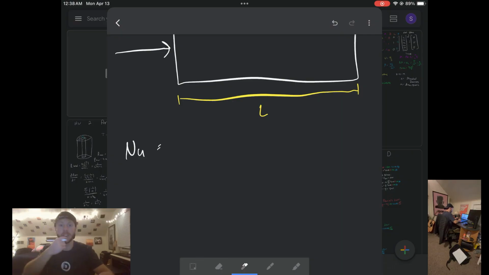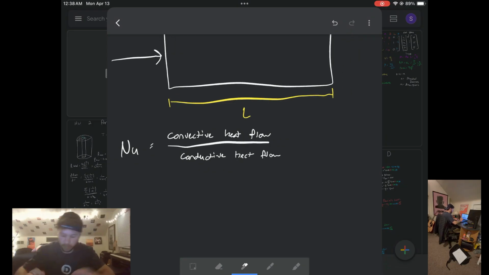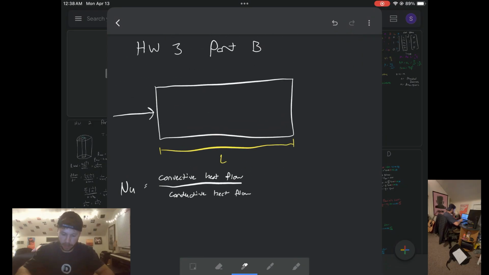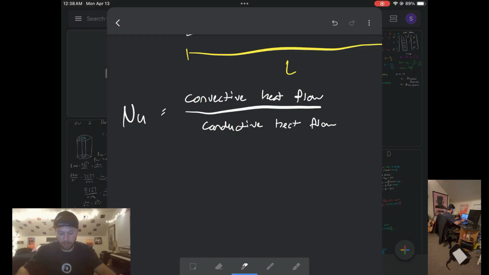The Nusselt number tells us the ratio of convective heat flow to conductive heat flow. And in our case here, we're looking at a flat plate with laminar flow.